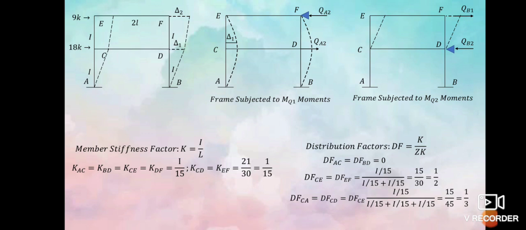Now, first you have to find your stiffness factor, for which you have the formula K equals I over L. Down below are the corresponding stiffness factors of the members.